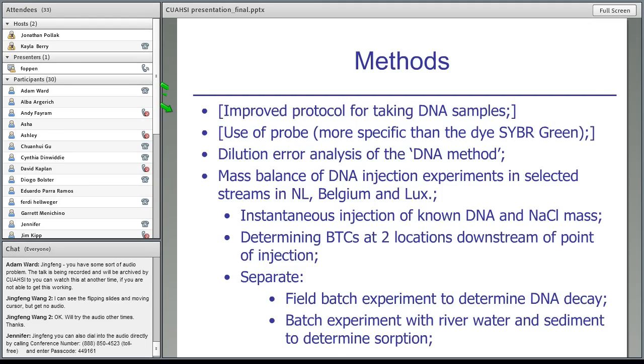In our previous work, we used a dye, which is called SYBR, but the disadvantage of that dye is that it amplifies each and every piece of DNA that is in your sample, and a probe usually does not. So a probe is more specific.